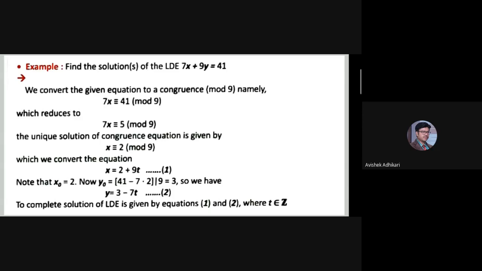Note that x0 = 2 and y0 we can find as (41 − 7·2)/9 = 3. So we have y = 3 − 7t. And this is a form of solutions of the above linear Diophantine equation 7x + 9y = 41.